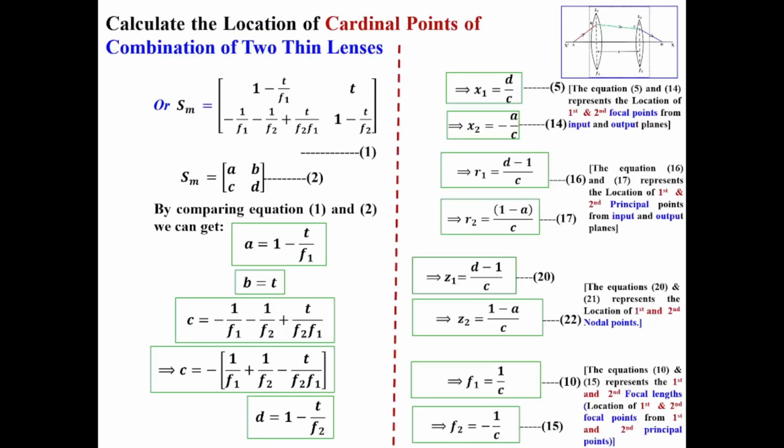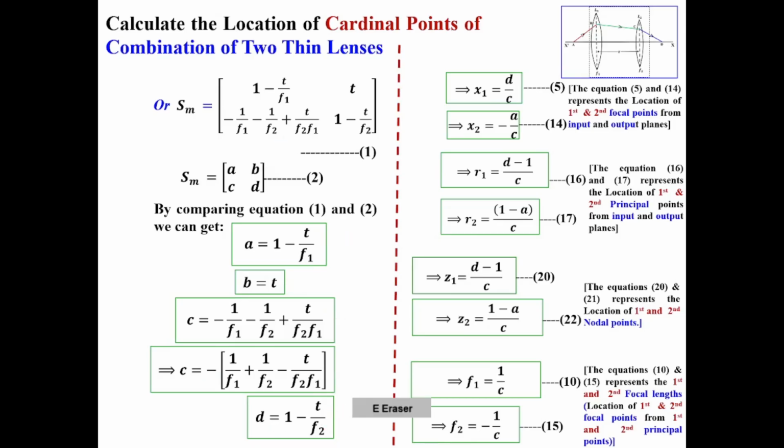Now we found the system matrix of this combination of two thin lenses is this one. In general, the system matrix of any optical system is A, B, C, D. If I compare with these two matrices, we found the A value, B value, C value is this one, or we can write C equal to minus of this one, and the D value is this one.